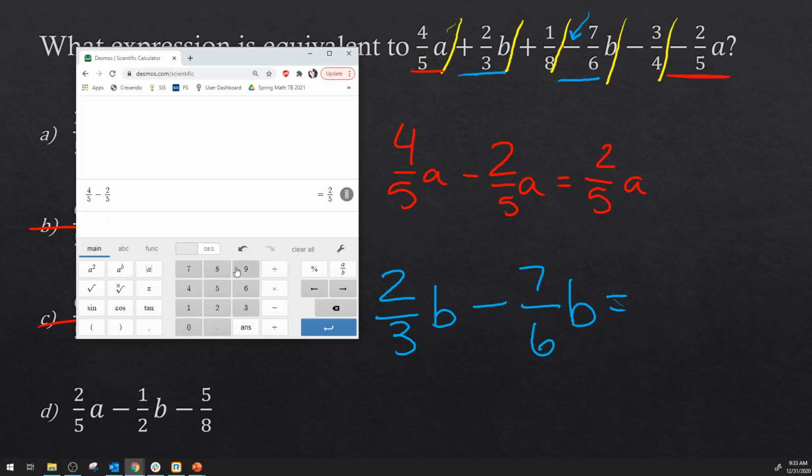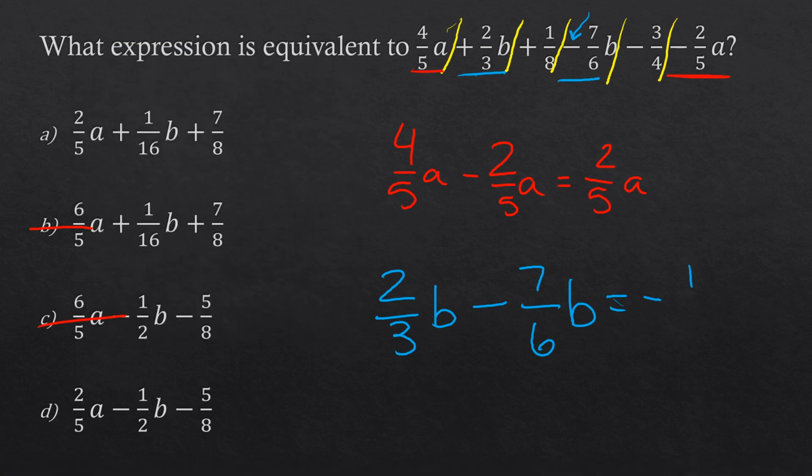So again, 2/3, this is what I'm typing in. I'm going to hit my right arrow button. I'm going to subtract, and I have 7/6. I'm going to convert this to a fraction, and that's going to give me -1/2. Don't forget your variable, which is b.